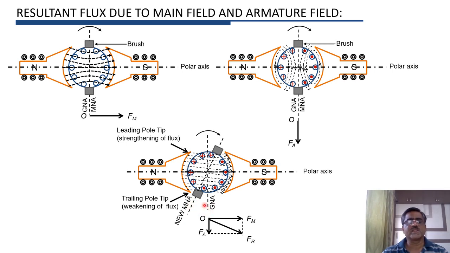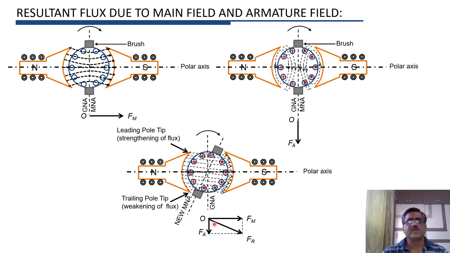So through a certain angle theta, the magnetic neutral axis gets shifted, and therefore we have to change the position of the brushes also, because brushes are always placed along the magnetic neutral axis.